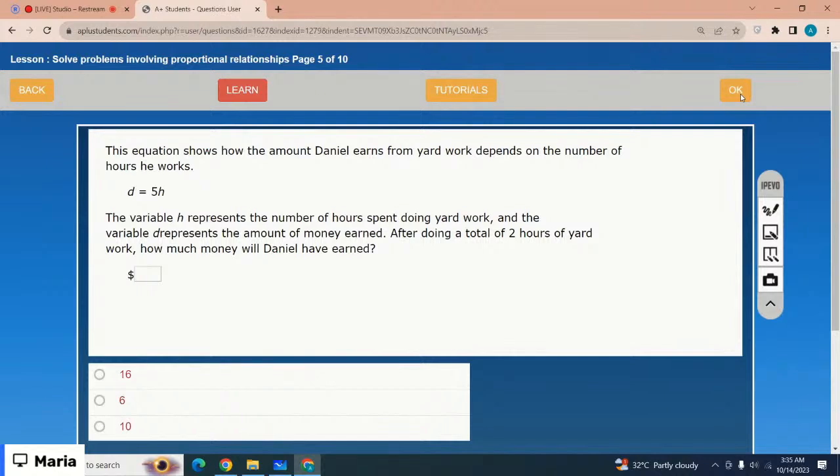D equals 5H. The variable H represents the number of hours spent during yard work, and the variable D represents the amount of money earned. After doing a total of 2 hours of yard work, how much money will Daniel have earned? So which is the correct option?